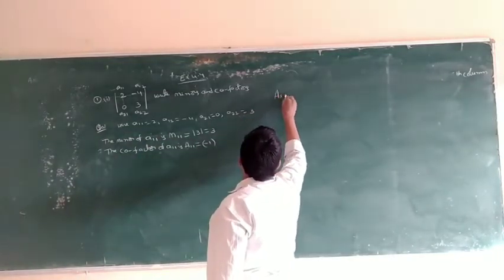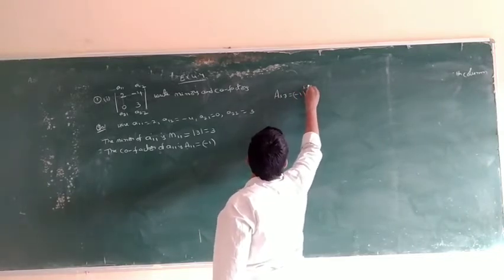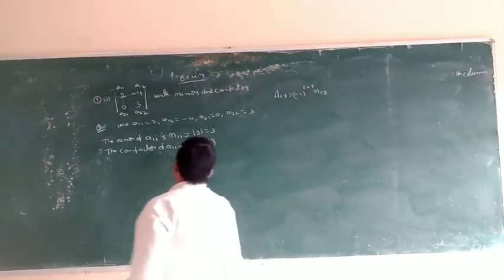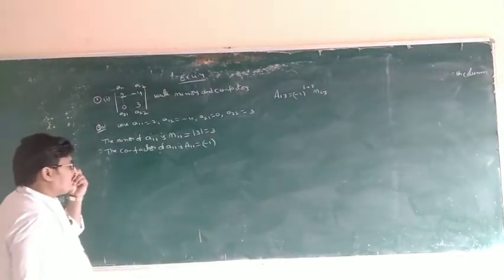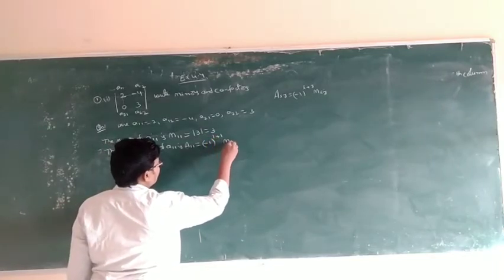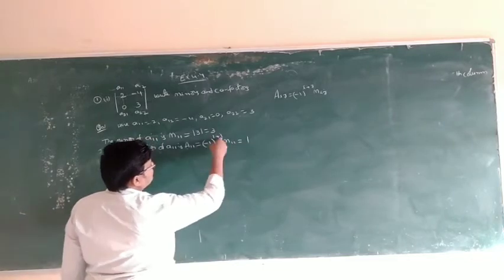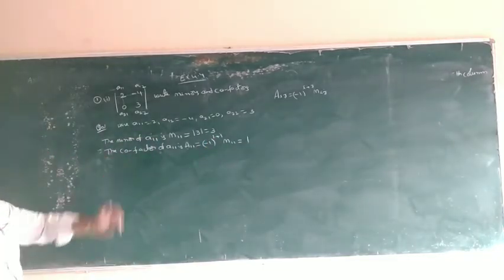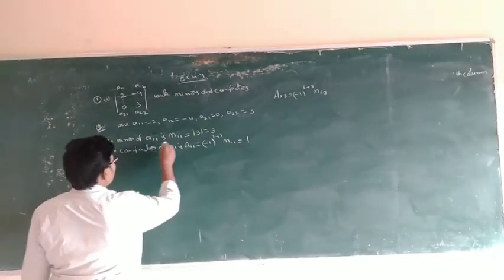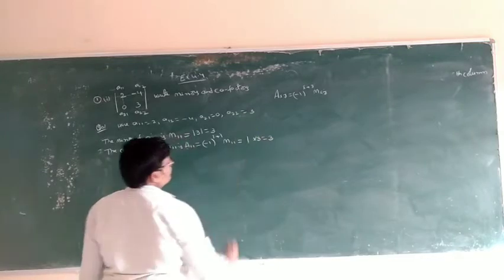Capital Aij is equal to minus 1 whole power i plus j into Mij. So A11 is equal to minus 1 whole power 1 plus 1 into M11. Minus 1 whole square is equal to 1, into M11, which is 3. So it is equal to 3.